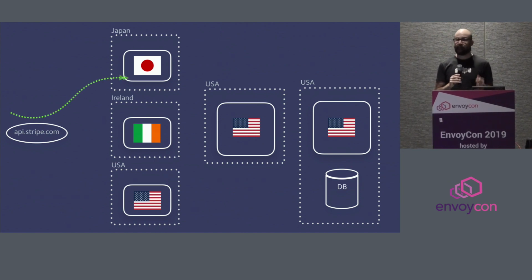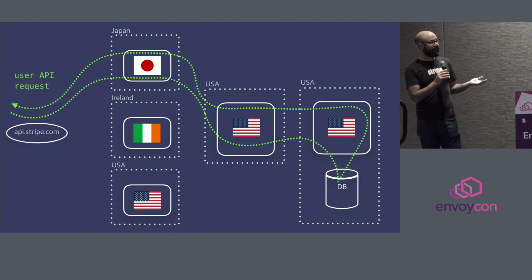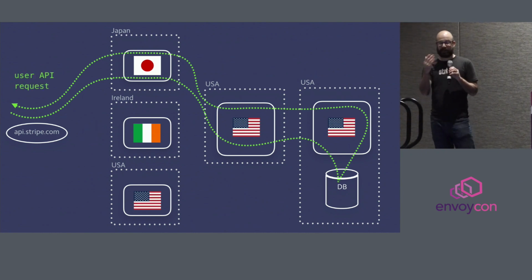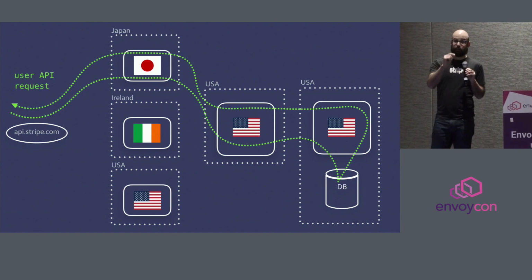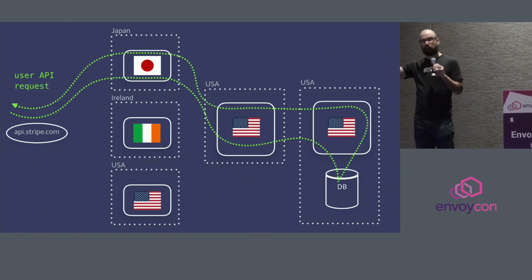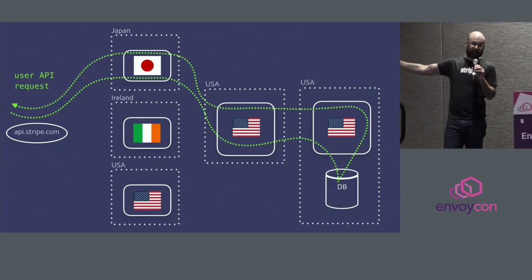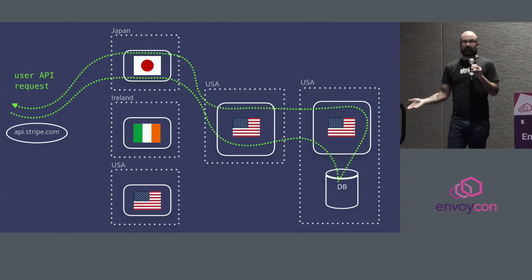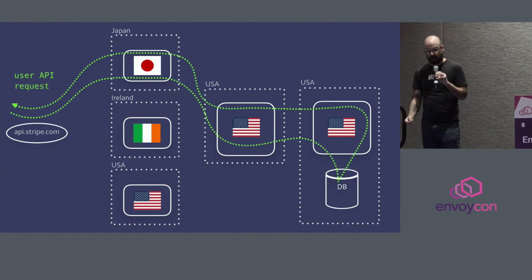Well, after that TLS connection is established, we still might have to do something like this. We still need to get that user's API request all the way from wherever they happen to live through one of our points of presence, all the way back to where our home data center lives. We might need to hit the database for that, and maybe those are only geographically located in one place.